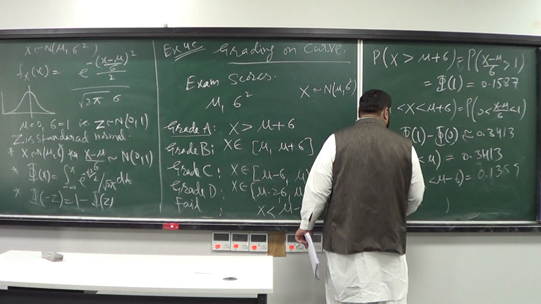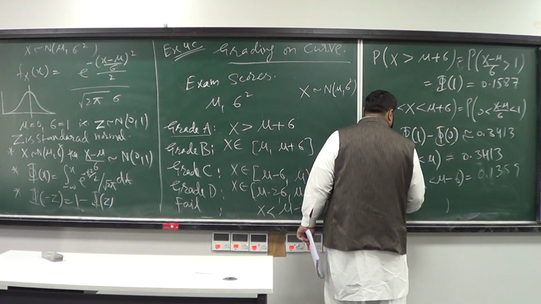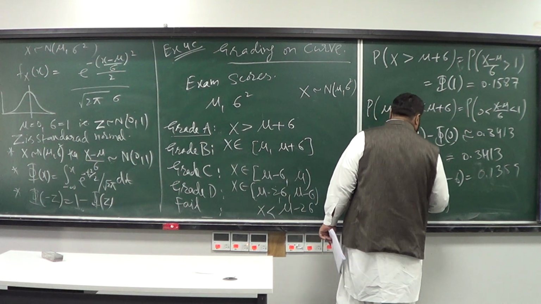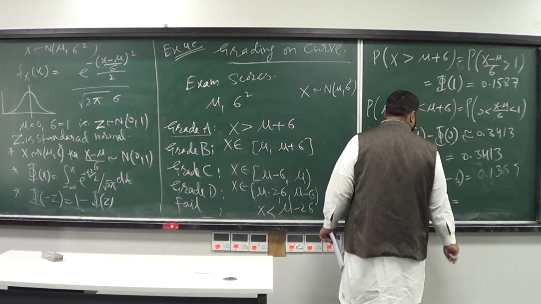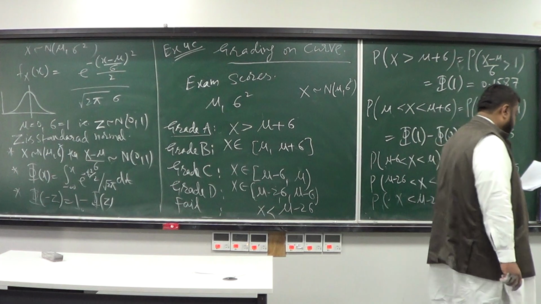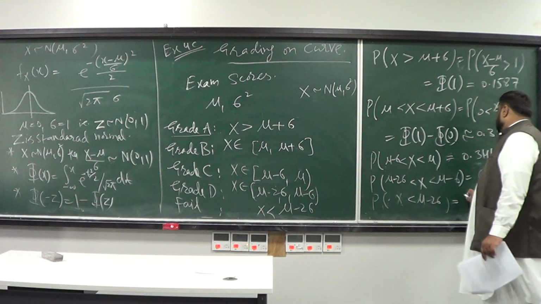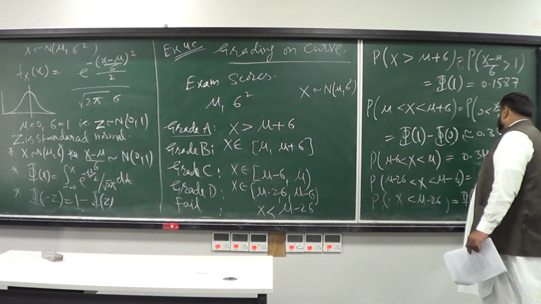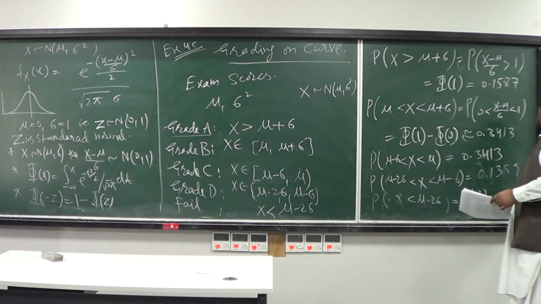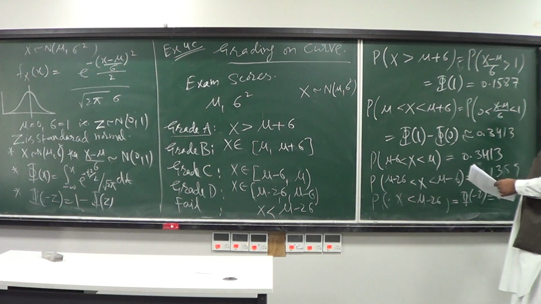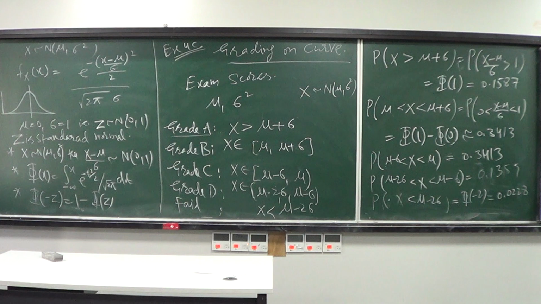We need to compute the probability of X being less than mu minus 2 sigma. This can be computed by subtracting mu and dividing by sigma, which gives phi of negative 2, and this number is really 0.0228. So around 2% of students, there is a 2% chance that you would fail the exam.